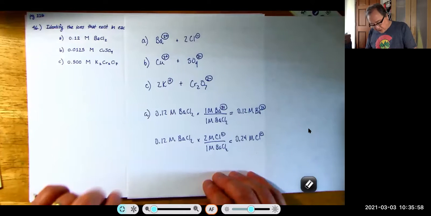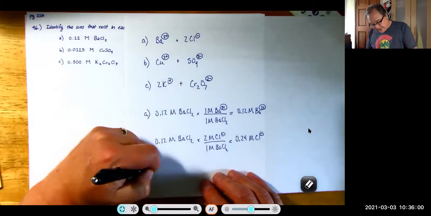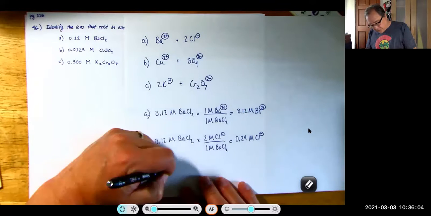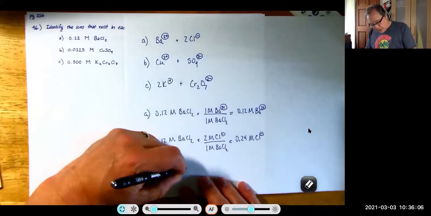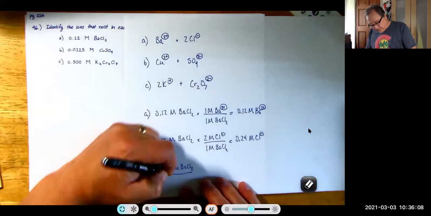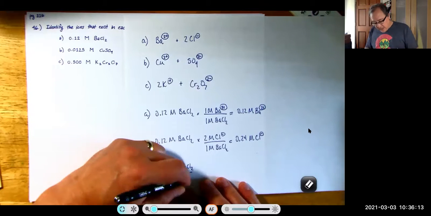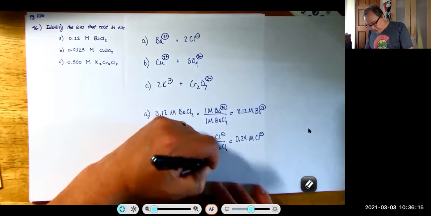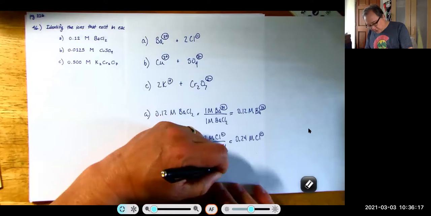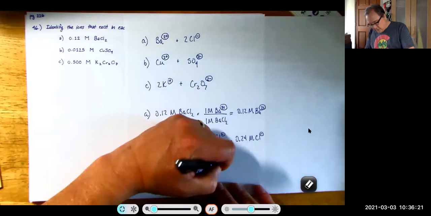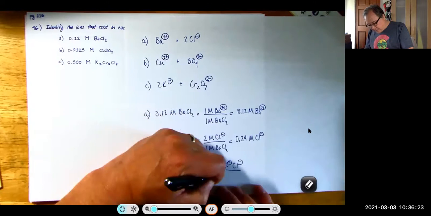Now you can do this the longer way, and that's this. The 0.12 molar barium chloride means 0.12 moles of barium chloride per 1 liter of barium chloride solution. And we know that there are 2 moles of chloride ion per 1 mole of barium chloride.